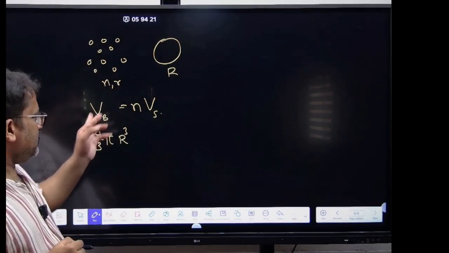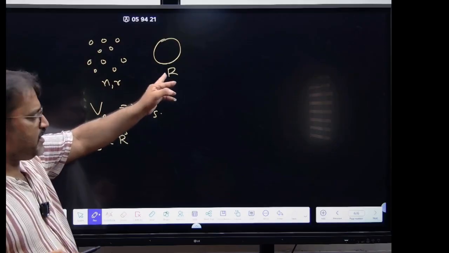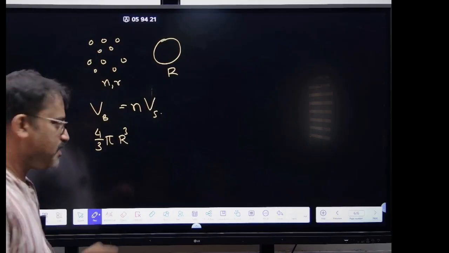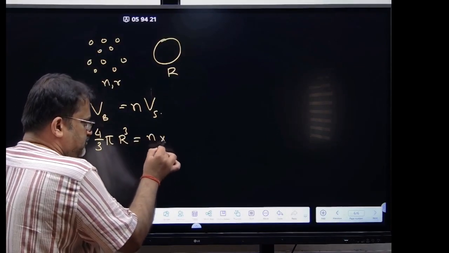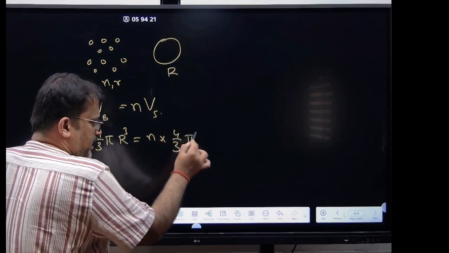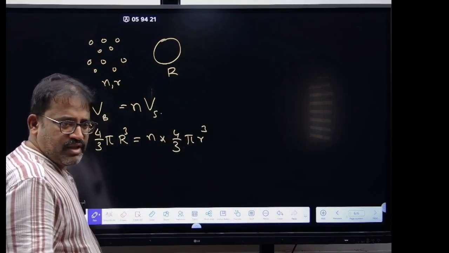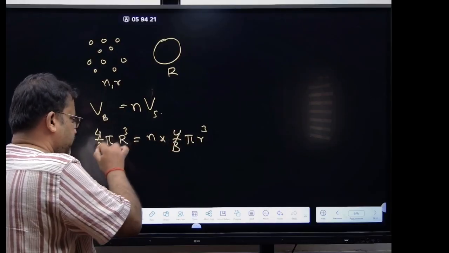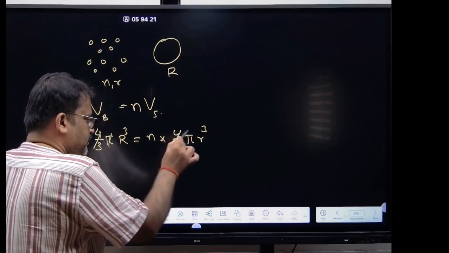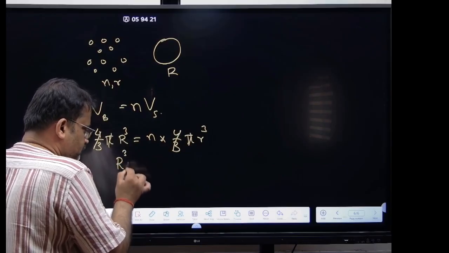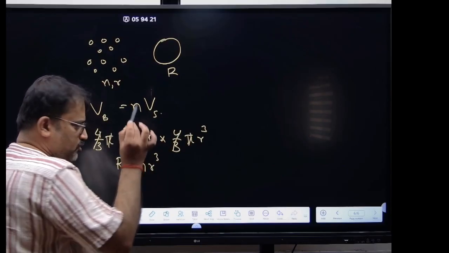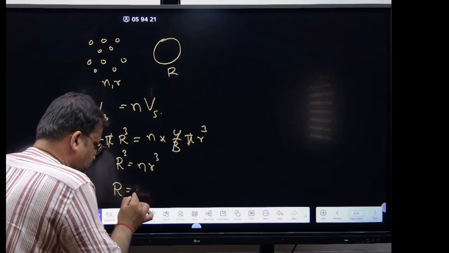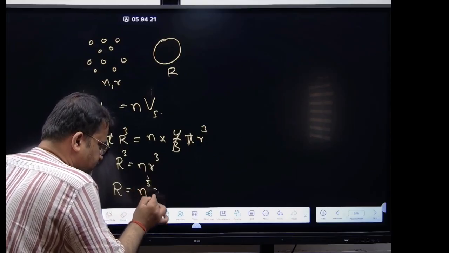Because VB is the volume of the bigger drop and the radius of the bigger drop is R. So, that is equal to n times 4 by 3 pi small r cube. Can we cancel anything off here? 4 by 3, 4 by 3, pi. That means R cube is equal to n times r cube, or we can say R is equal to n to the power 1 by 3 small r.